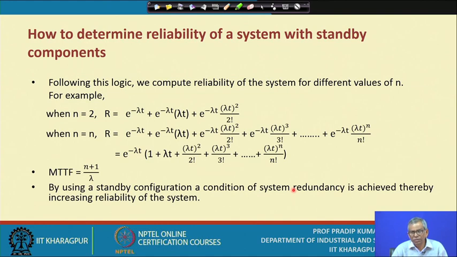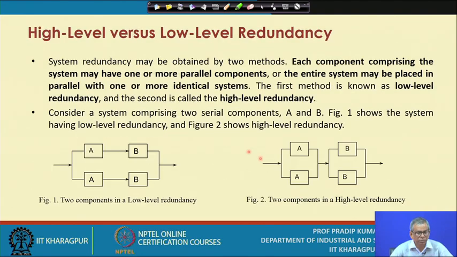One such method is adding system redundancy, which means you must have extra protection against failure. There could be different levels of redundancy in the systems, and we'll refer to that.